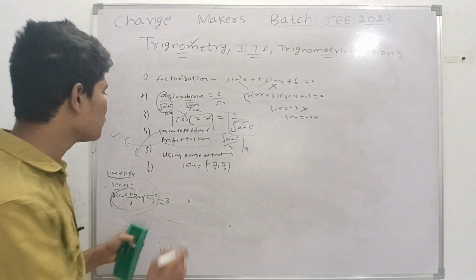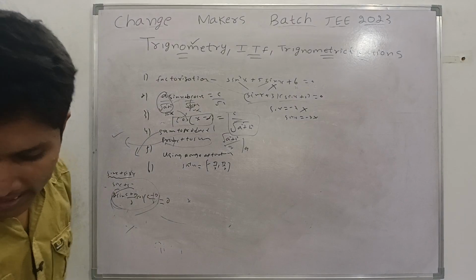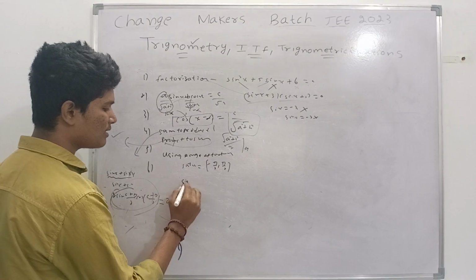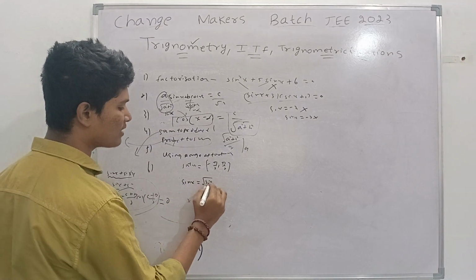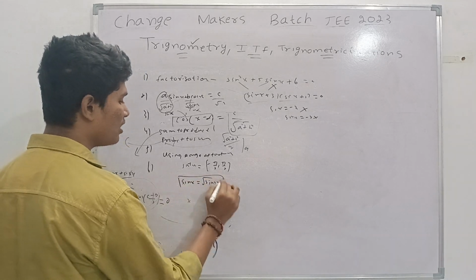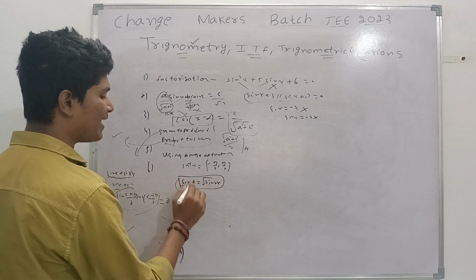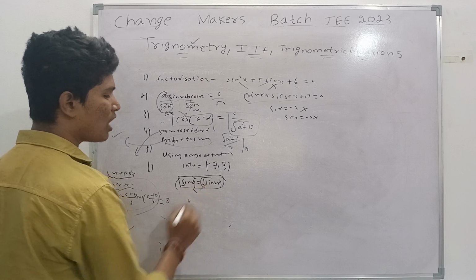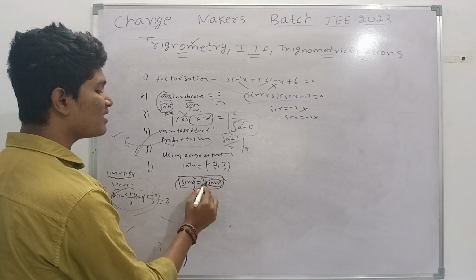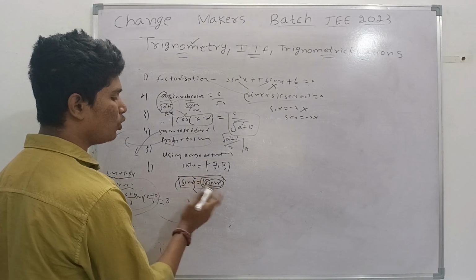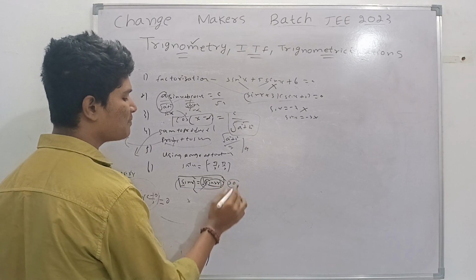Another form is root questions, suppose sin x equal to root of sin 2x. Suppose there is a question like that, you have to solve by squaring both sides, and make sure that the term present under the root should not be negative, it should always be positive.